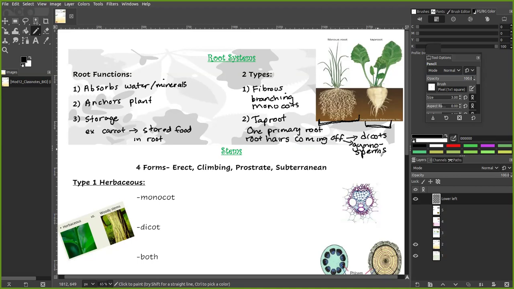Now let's talk about stems. There are 4 forms of a stem. One is erect. That means it is growing up, straight up out of the ground, like a tree. Most plants, or many plants, grow straight up. One is climbing. And this is a plant that has ways of holding on to other things to climb up them.